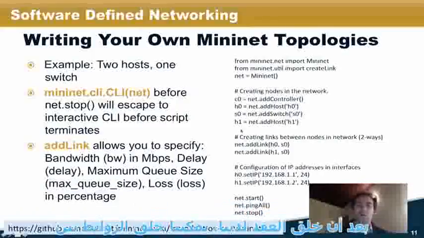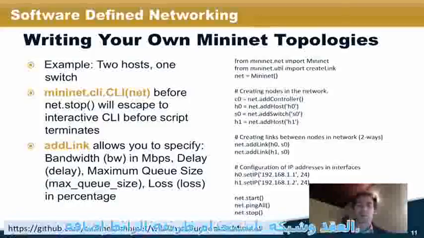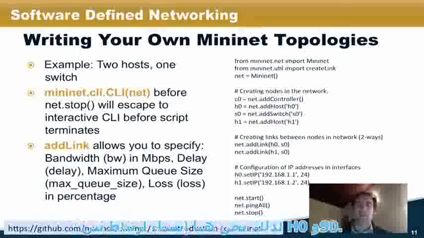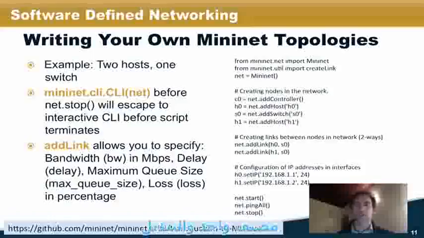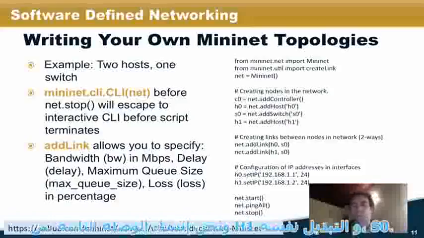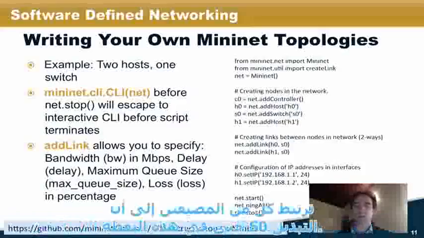After we create our nodes, we can create links between the nodes in the network using the addLink method. So here we create a link between h0 and s0, one host and the switch, and we create a second link between h1 and the same switch, s0.